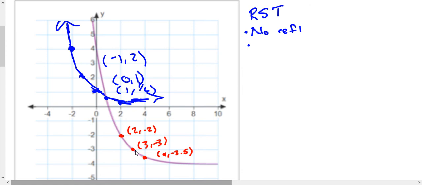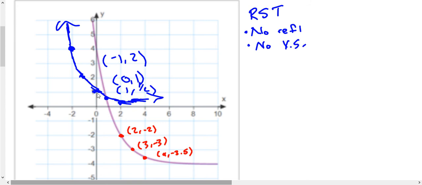So from this coordinate 3 to -2, that's 1 to the left of each other. I'm looking at the y values, that's -3 to -2, a difference of 1. So my y values have not changed, so right now I have no vertical stretch.